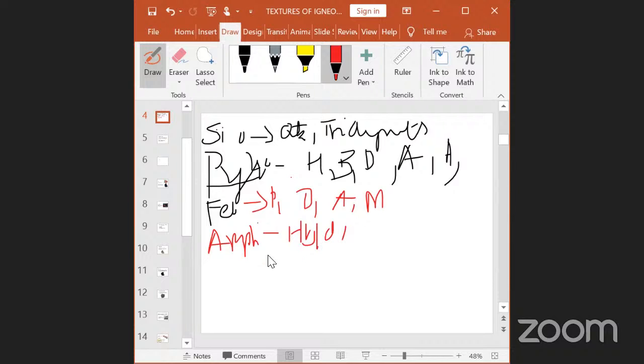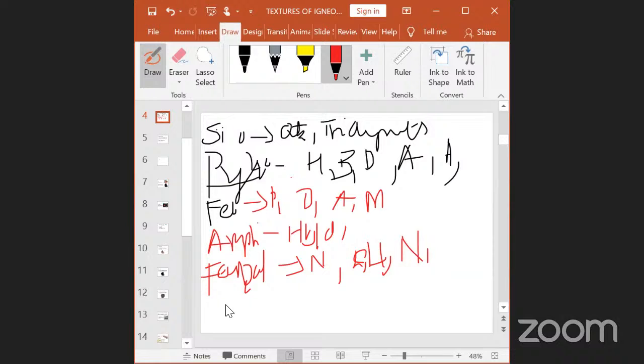And the next one is feldspathoids. First one is pyroxenes, then feldspar, next amphiboles and feldspathoids. Examples are nepheline, leucite, hauynite, and also nosean.